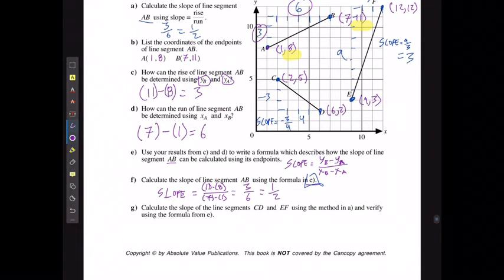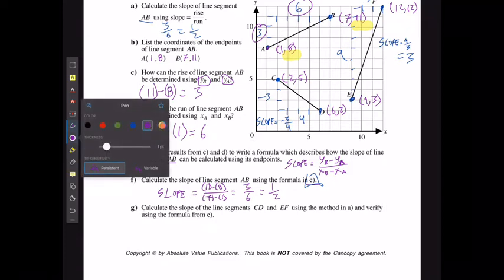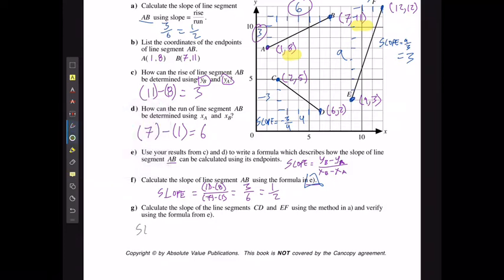So, if I'm using the same formula that I used in the last case, I'm going to say that the slope of the line segment CD is going to be the y value at D minus the y value at C over the x value at D minus the x value at C. The y value at D was 2.